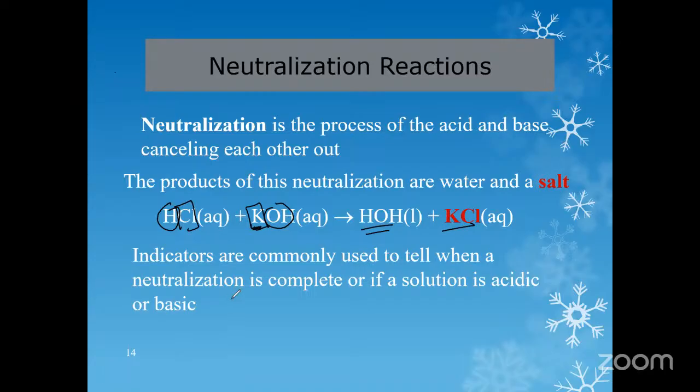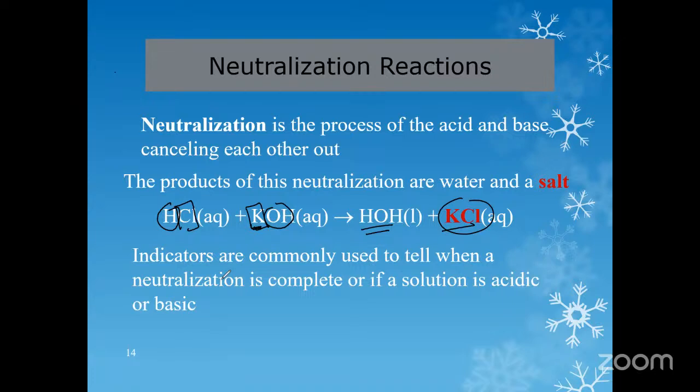So that's how you determine the salt that is produced. The salt is formed from the positive part of the base coming together with the negative part of the acid. That's what happens in a neutralization reaction.